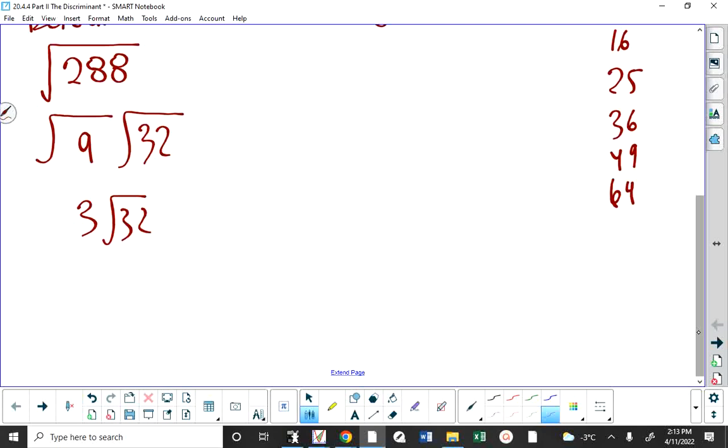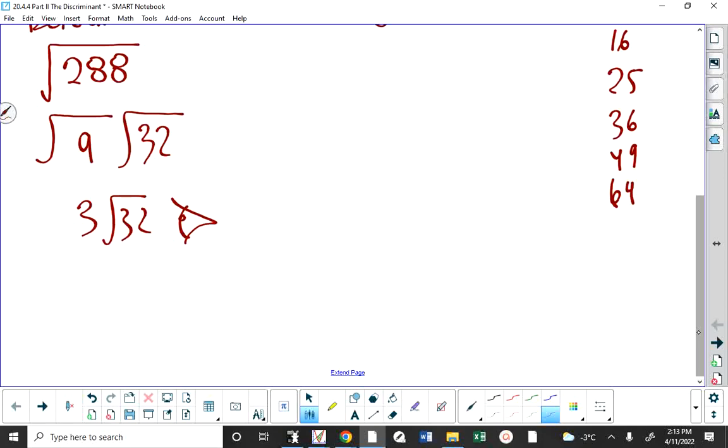Rather than seeking out the biggest perfect square, seek out a perfect square, and then eyeball this radicand that we have left and see if there's another perfect square that divides in. So now we're dealing with a smaller number. What's a number that divides into 32 that's a perfect square still? Four.